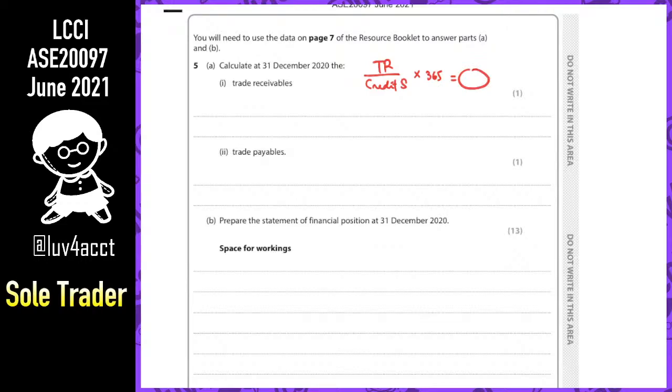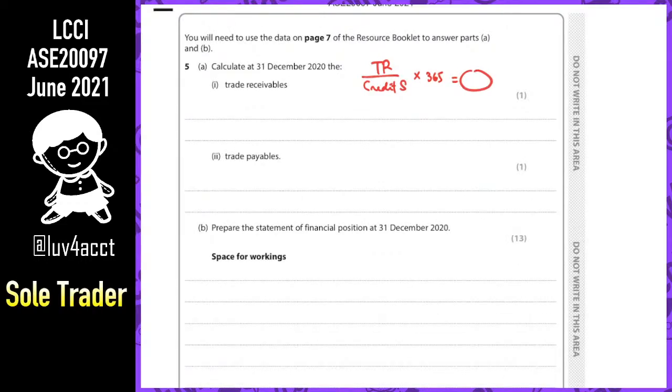Here we do not know trade receivables. What to do is, let us still make it an unknown, and then credit sales being 91,250 multiplied by 365, you have 70 days. So trade receivables is equal to 70 times 91,250 divided by 365.